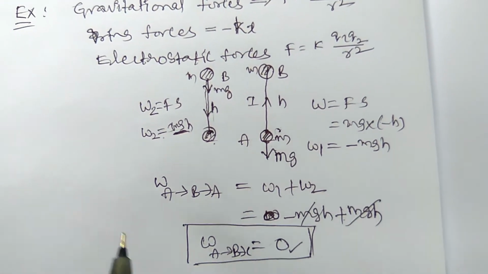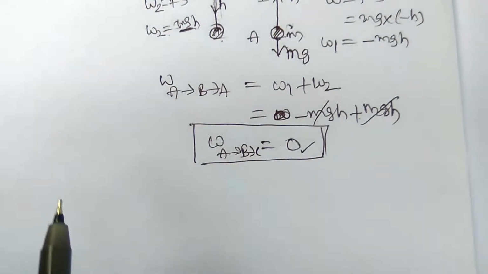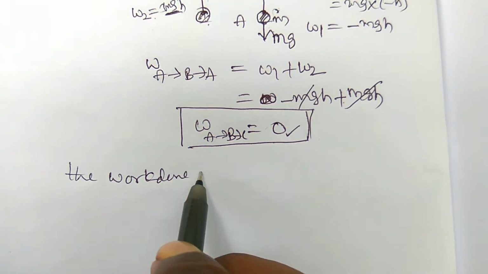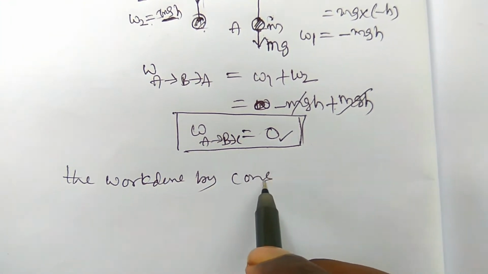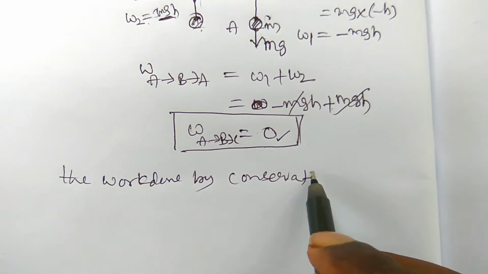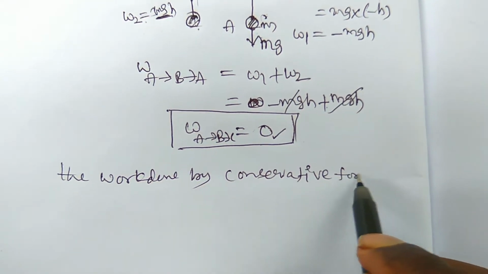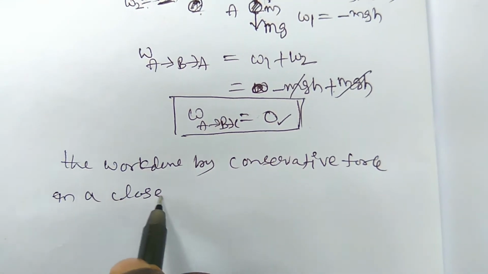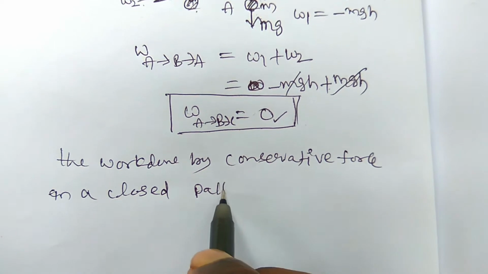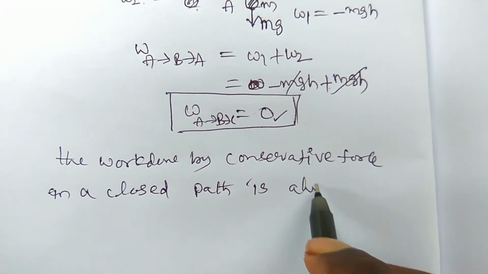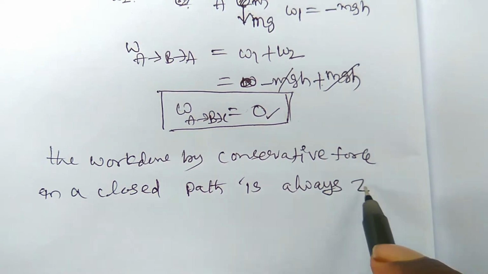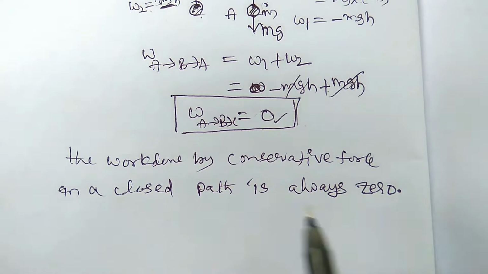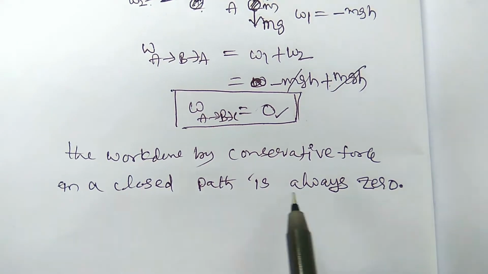This can also be said, the most important point: the work done by a conservative force in a closed path is always 0.